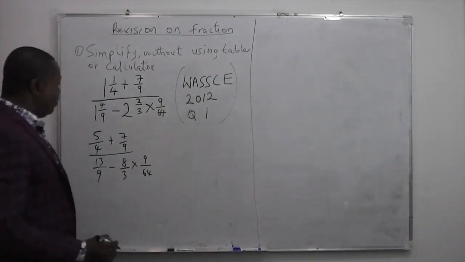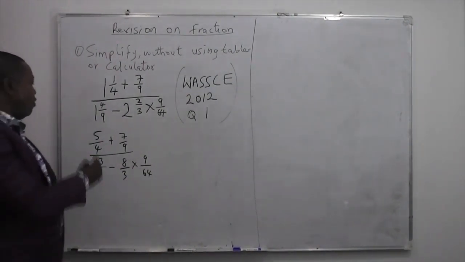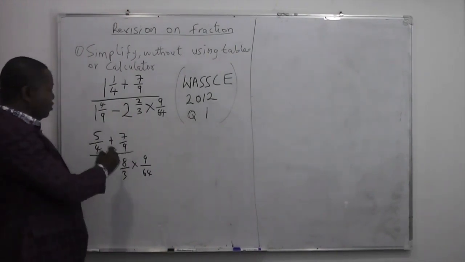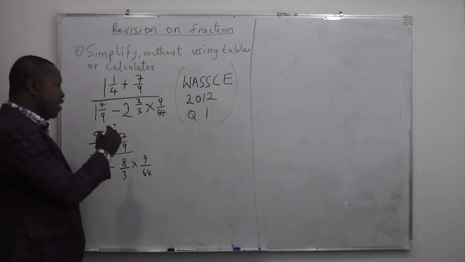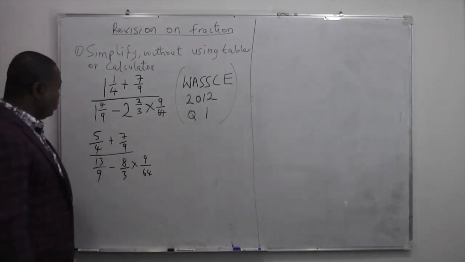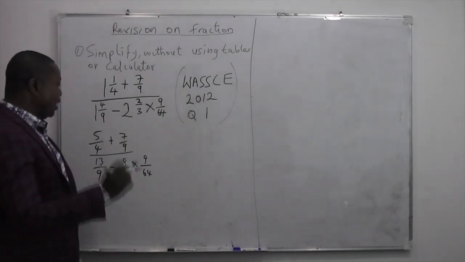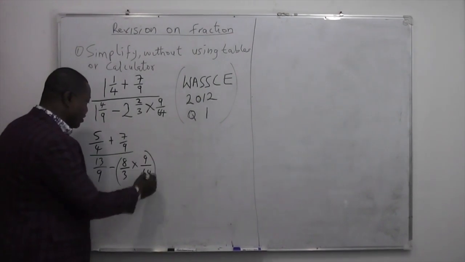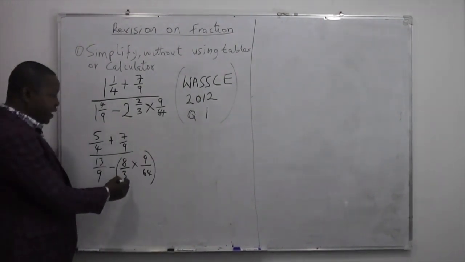Now if you observe carefully, we have about 4 signs in this place. We have the plus, we have division, we have minus, and we have multiplication. And BODMAS says that the B stands for bracket, O stands for of. So I'm going to introduce a bracket here so that I will work on this first.